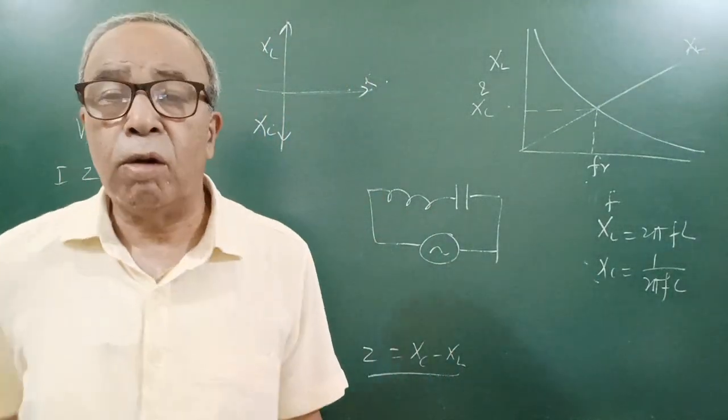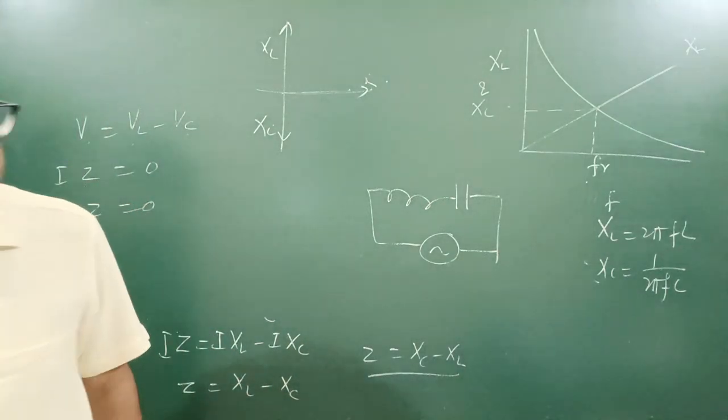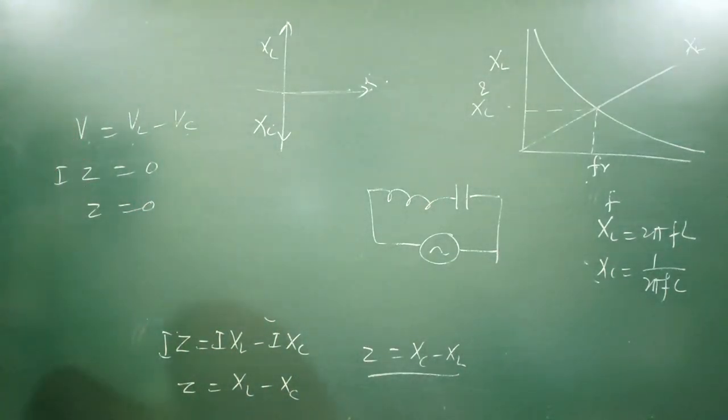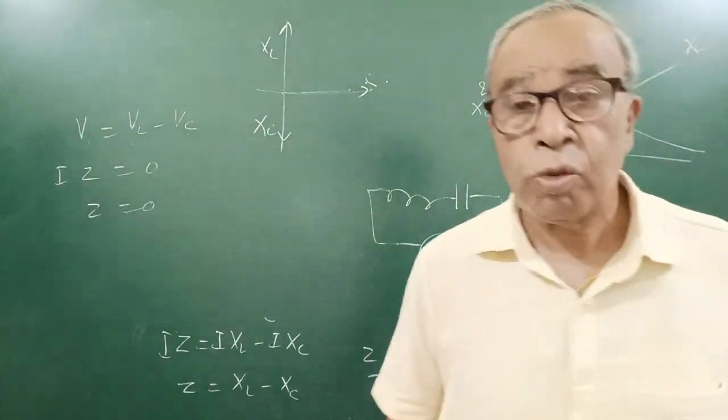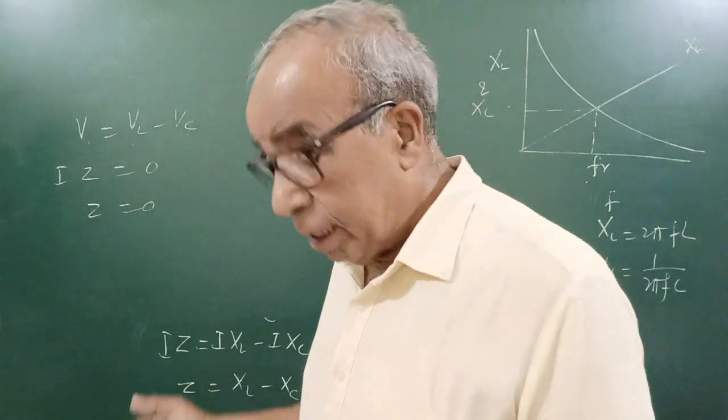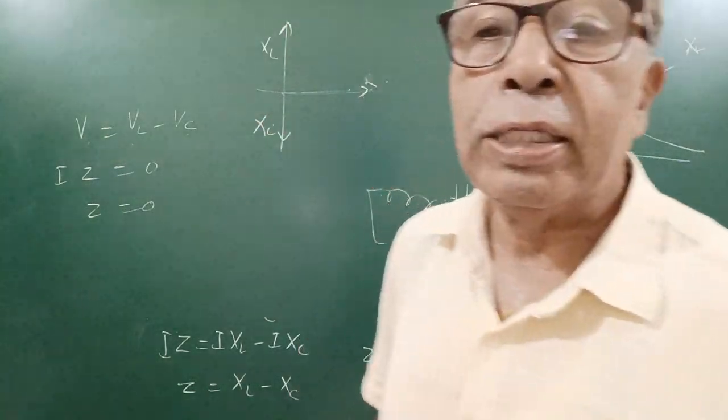Yes, dear students, so I was telling what is happening here. So I call it the resonance condition. What is resonance in fact? It is very important to learn here. What is resonance?